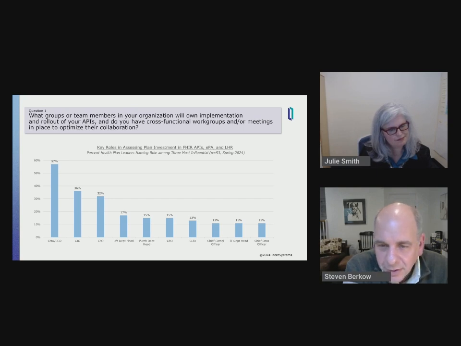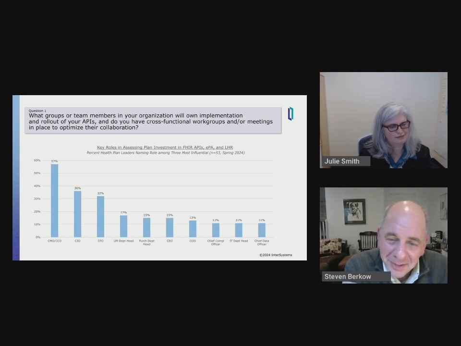Just a couple of things I'll call out here, and then I'm going to tap in Julie. Number 1, the one bar that scaled above 50% had to do with the clinical leader, not an IT or a data leader, which again makes some sense because we're talking about really bringing in clinical data.